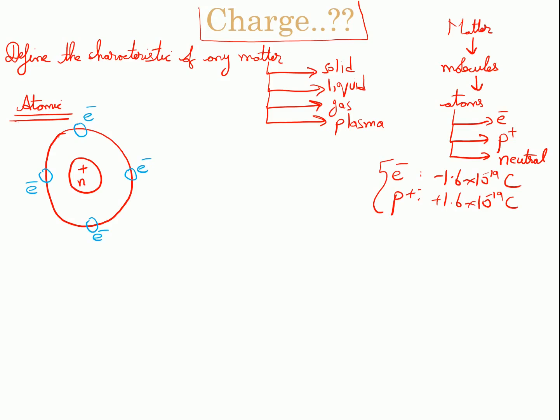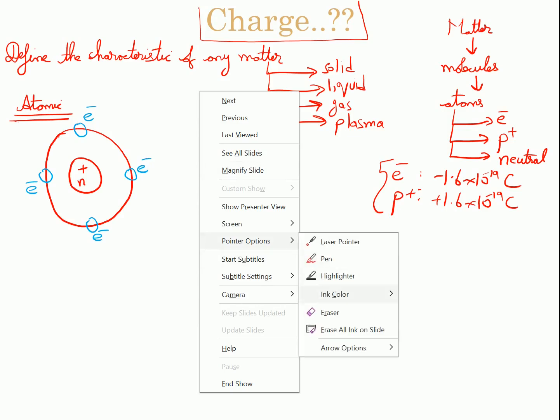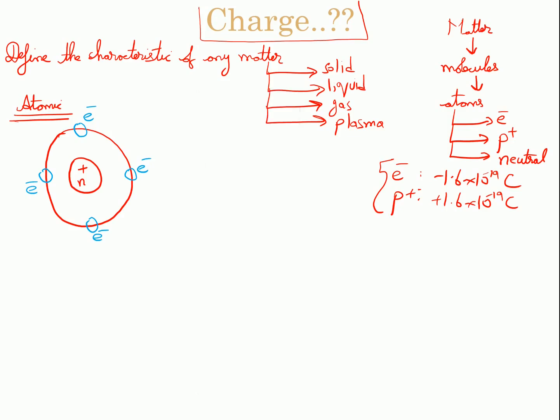So let us say we have this atom, and we normally say that this is electrically neutral with the following condition. This atom is going to be electrically neutral when the number of protons, let's say in this case we assume 4 protons, is equal to the number of electrons. So there are 4 electrons.